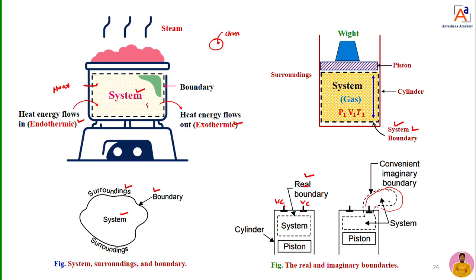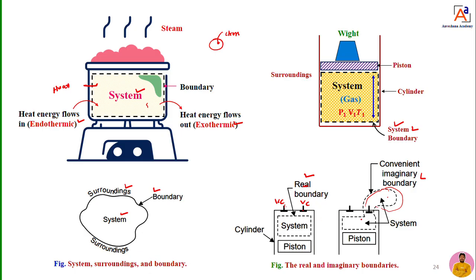So we can't see this hot gas or exhaust gas, but we can imagine there is a boundary. That means this hot gas is separated from the atmospheric air by a layer. That layer we can call an imaginary boundary. A real boundary means a fixed boundary; there is a definite boundary.